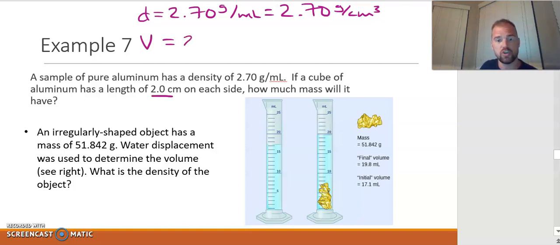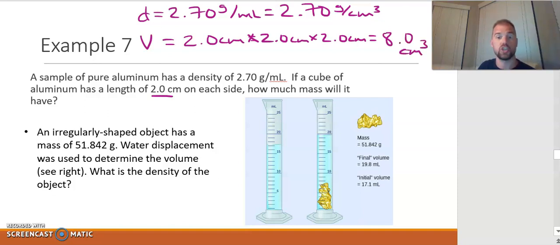So the volume of a cube is length times width times height. And so 2 times 2 times 2 is 8, and the unit would be centimeters cubed, because centimeter times centimeter times centimeter gives me centimeters cubed.